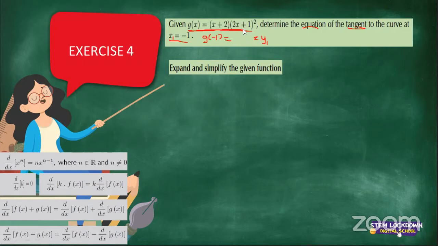We said we need to simplify this. Hope you still remember, we simplify our function before we use the laws of differentiation. So we're trying to write it in either one of these forms. So we have to simplify our function.